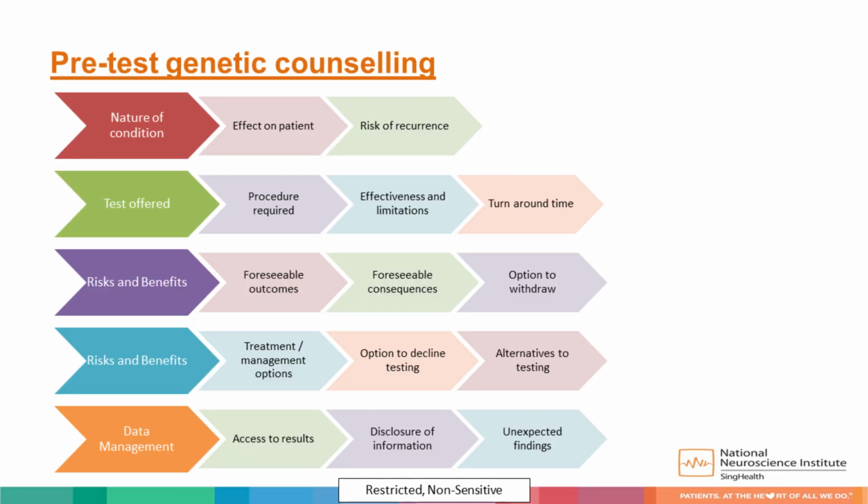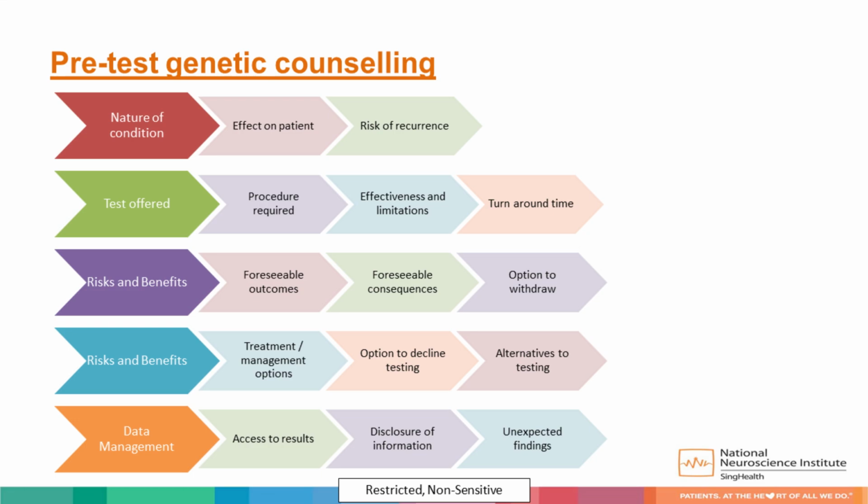We talk about treatments, we talk about options of testing, whether you want to test clinically, which has costs involved, or whether you want to do it under research. There's also the option to withdraw at any point in time. And that's what we do in the session.